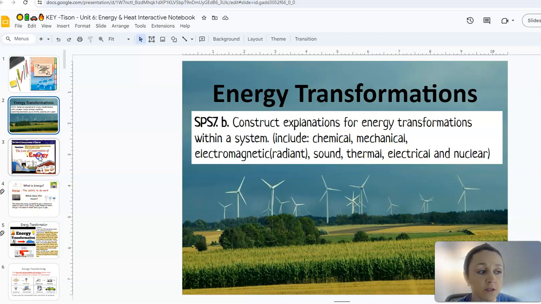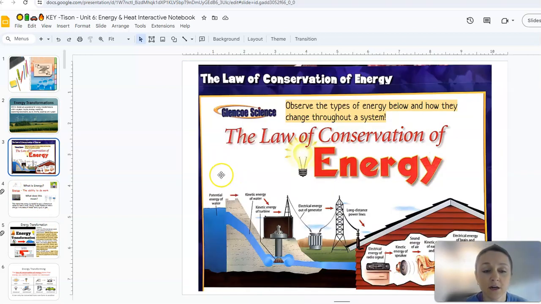I want you to click on slide 3. Let's look at the conservation of energy in this power plant right here. This is a hydroelectric power plant. You see water right here with lots of stored potential energy. As it flows down this pathway, it starts to gain kinetic energy.